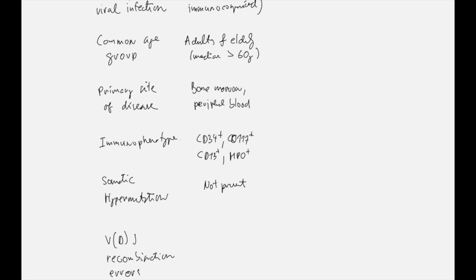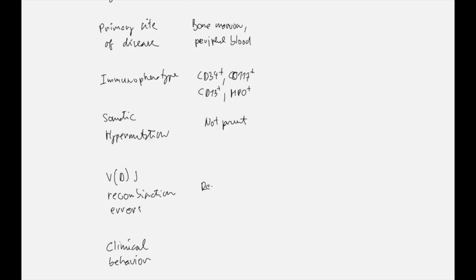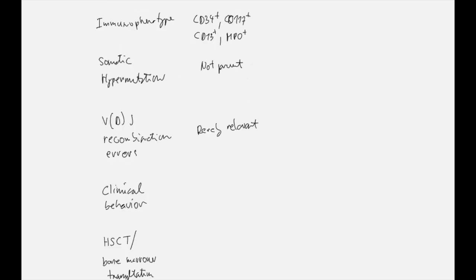VDJ recombination, it's rarely relevant. There are a few exceptions. You should think of indirect influence and mixed versions of AML. How does it behave? It's often aggressive, with very rapid onset. So typically aggressive, and rapid onset.